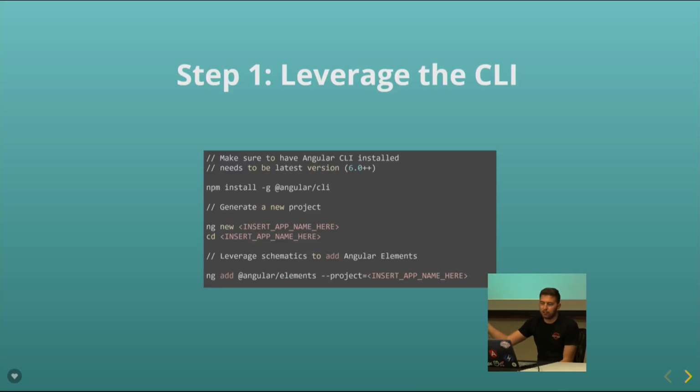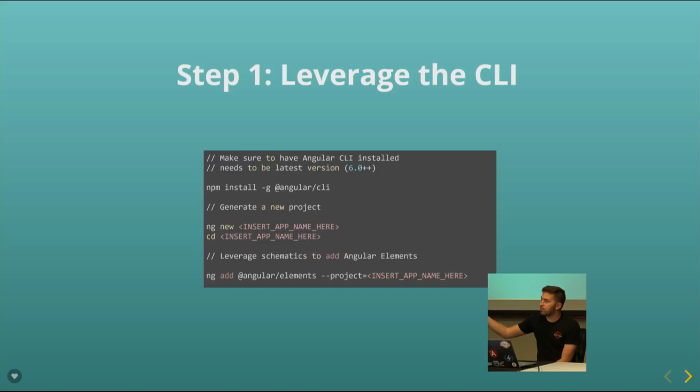We're going to install that globally, and then we're going to use the CLI to generate a new application like we would do at any point in time. So we say ng new. We're going to cd into that workshop, and then we're going to use ng add. The ng add is a custom schematic that the CLI will support. So we say ng add @angular/elements.